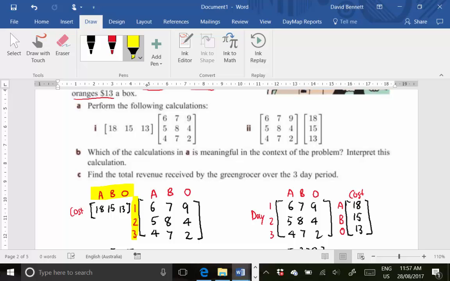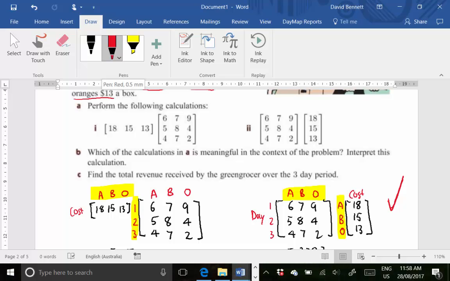I could do a matrix multiplication, but they're not compatible. When I'm looking at this next one here, they're compatible. Our row and our column have to be compatible. So that tells me this is the correct one, that's the correct process.